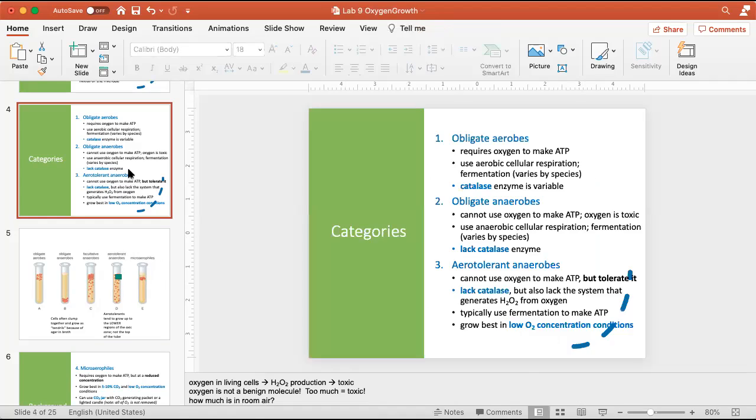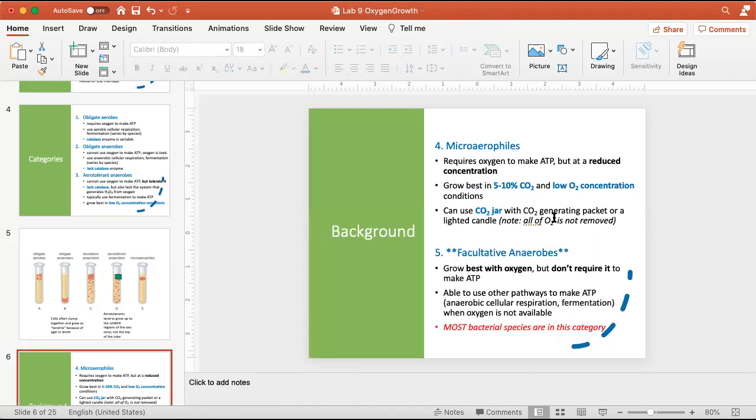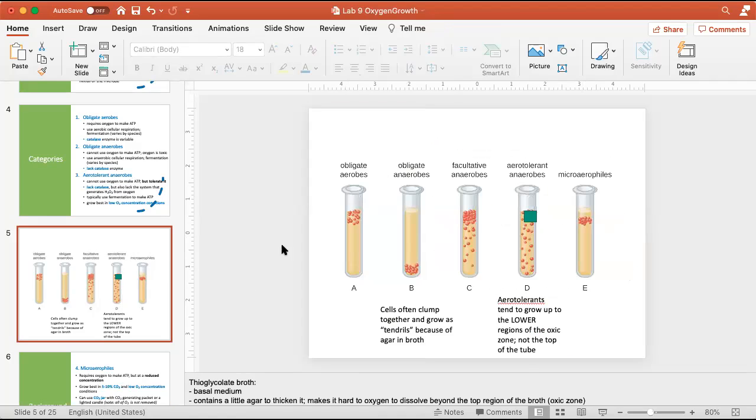But if you remember, we said facultative anaerobes grow best with oxygen. So when we look at the tube, we're going to see most growth up at the top, like the obligates. But they can also grow without oxygen. So they grow all through the tube with most of the growth at the top.